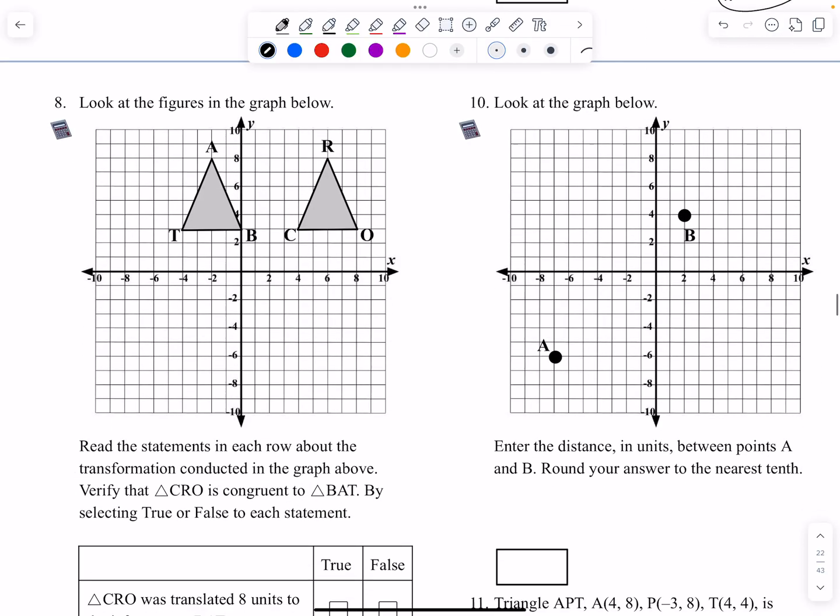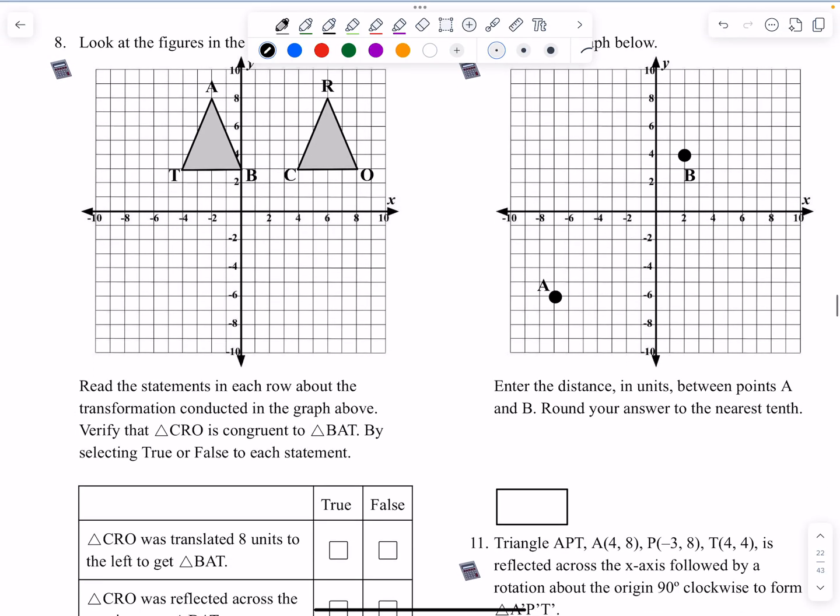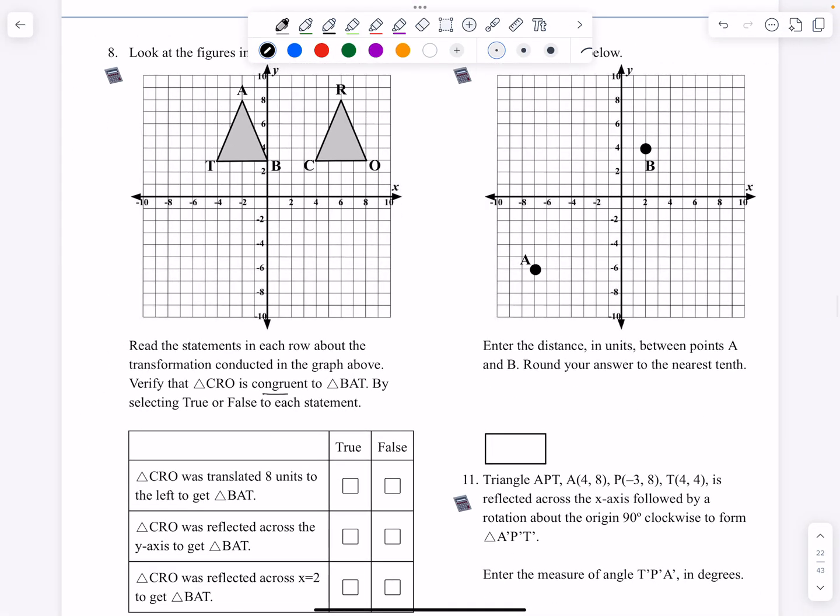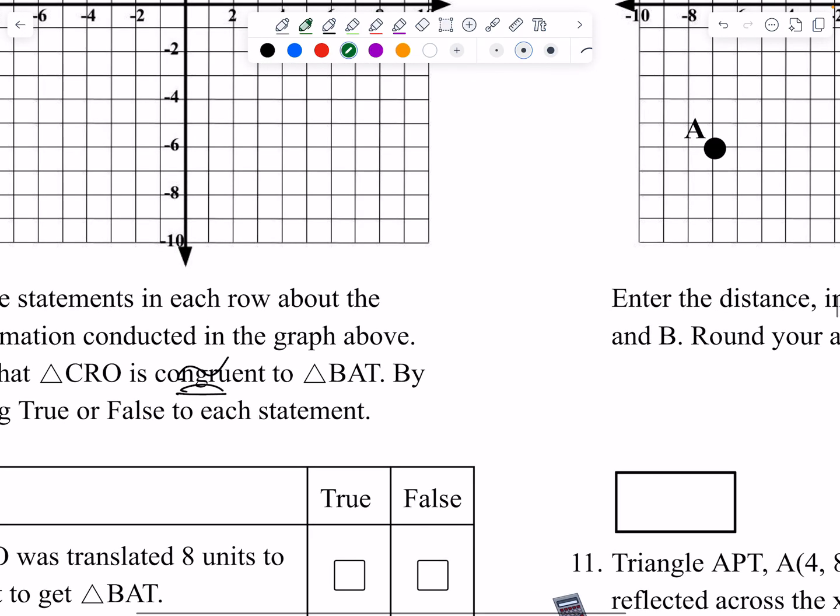All right. Number 8. Determine below and verify that it is congruent, so it is exactly the same, by selecting true or false. So CRO once translated 8 units to the left. Is that true? So CRO, that means that C is the same as B. This is why I love geometry, okay?